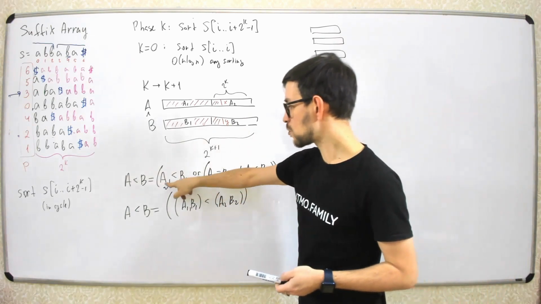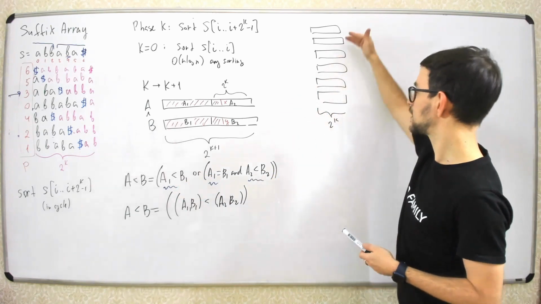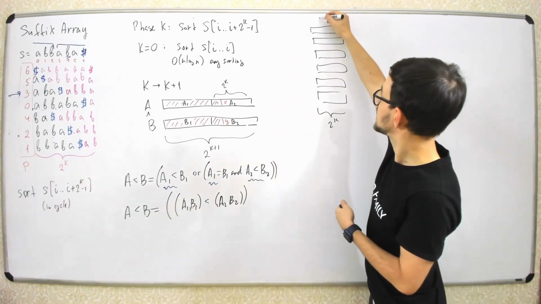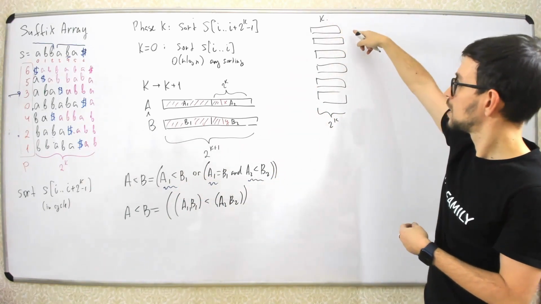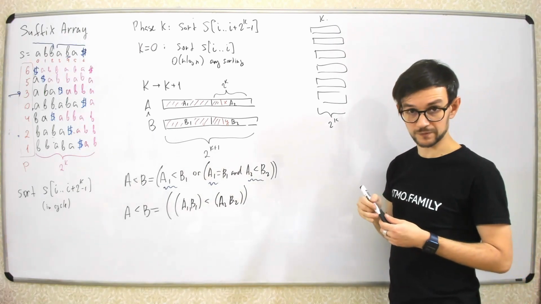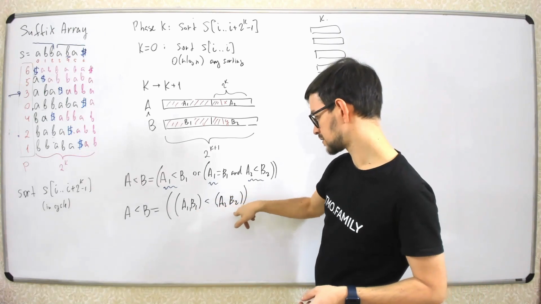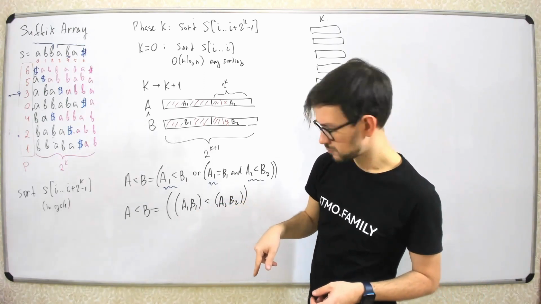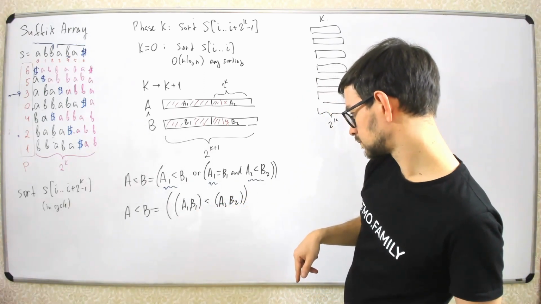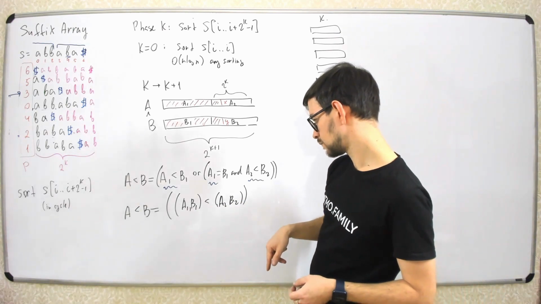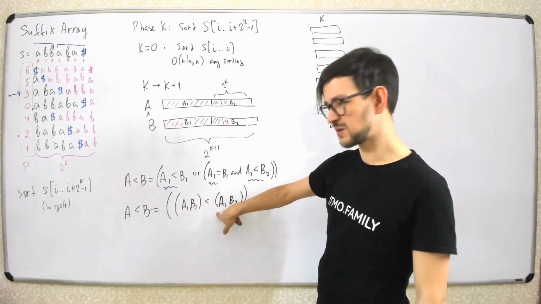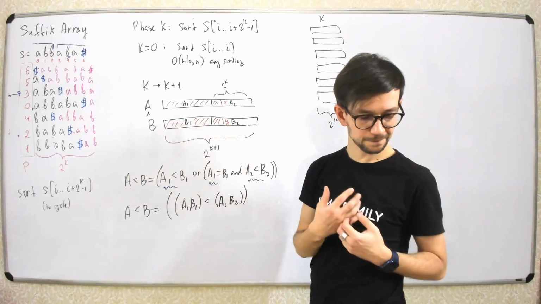Strings A1, B1, A2, and B2 are in this array. So in the phase k, we already have this array. So the sorted array has A1 B1 less than A2 B2. So this pair is less than this pair as pairs.